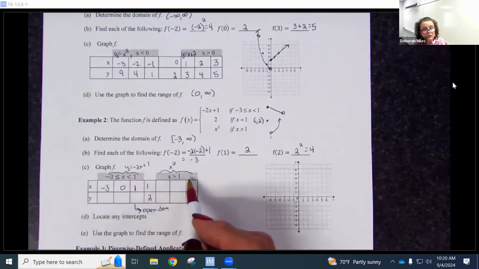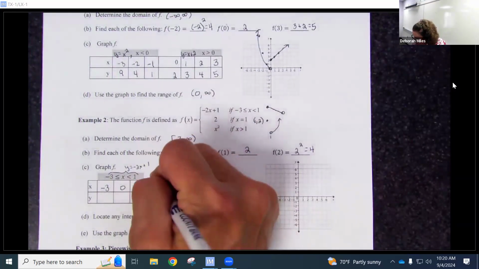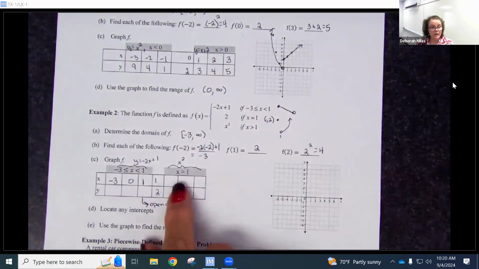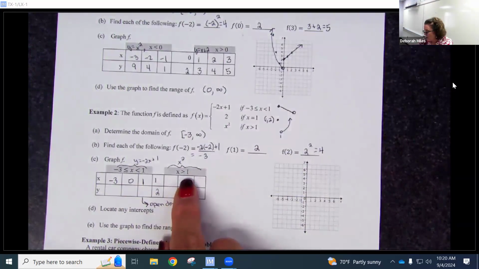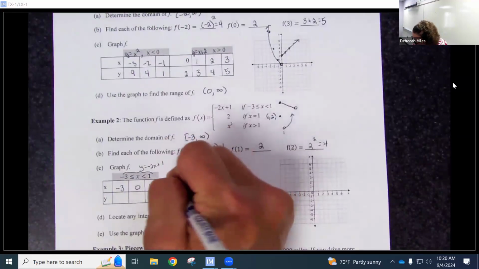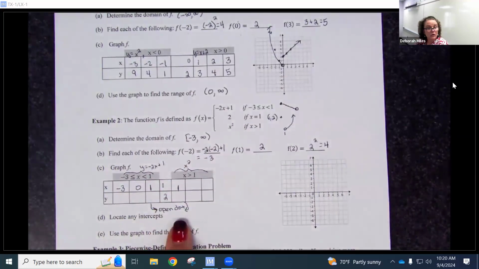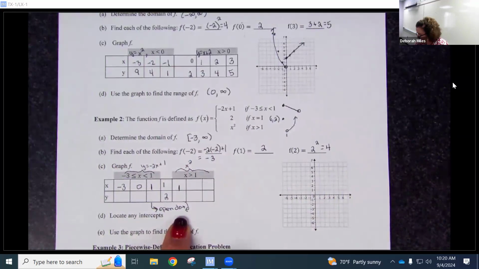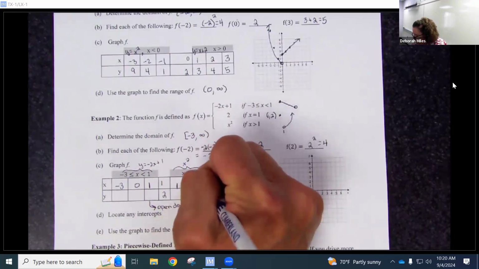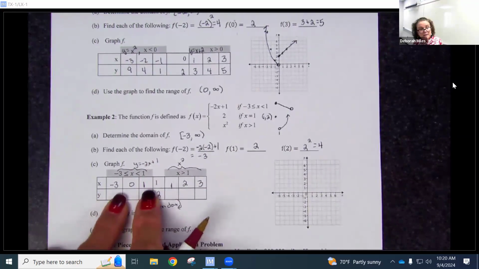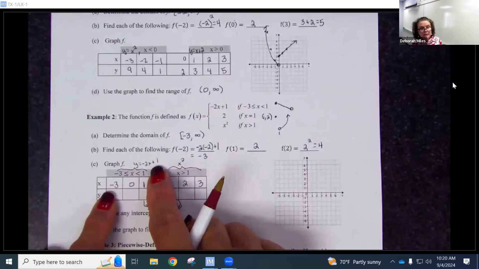All the x's greater than 1. Well, again, you can't say all the x's greater than 1 start at 2 because 1.5 is bigger than 1. I've got to go all the way up to 1, but not include it. So I'm just going to say that is going to be an open dot as well. And then I'm going to pick some other x's that are bigger than 1. These 3 x's I'm going to plug into this expression.